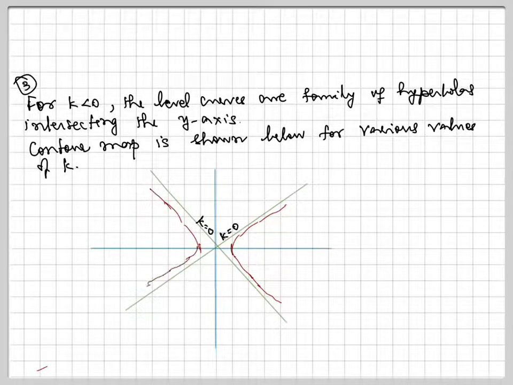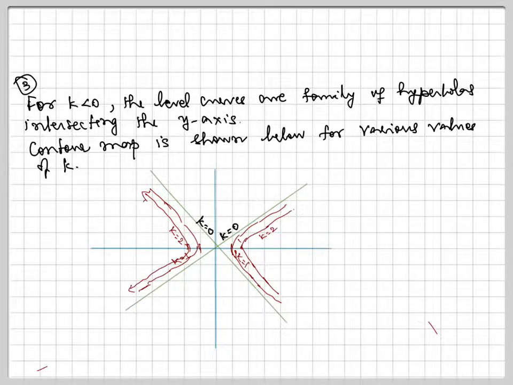So when k equal to 1, you get hyperbolas crossing the x-axis at 1 and negative 1. When k equal to 2, the branches cross the x-axis at square root of 2 and negative square root of 2. So this is a hyperbola corresponding to k equal to 2.